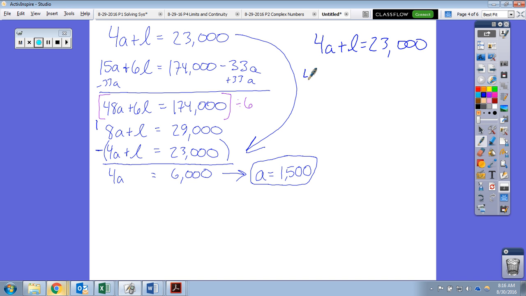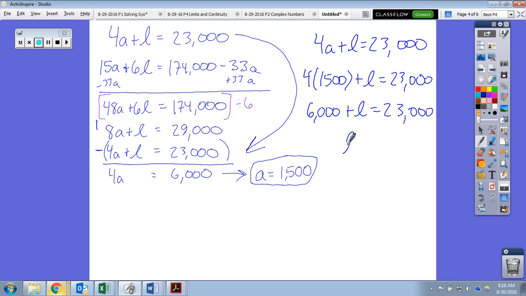So let's substitute 4 times 1500 plus L equals 23,000. 4 times 1500 is 6,000 plus L equals 23,000. And therefore, subtracting 6,000 from both sides, L would equal 17,000. Did the 4 lose the A?